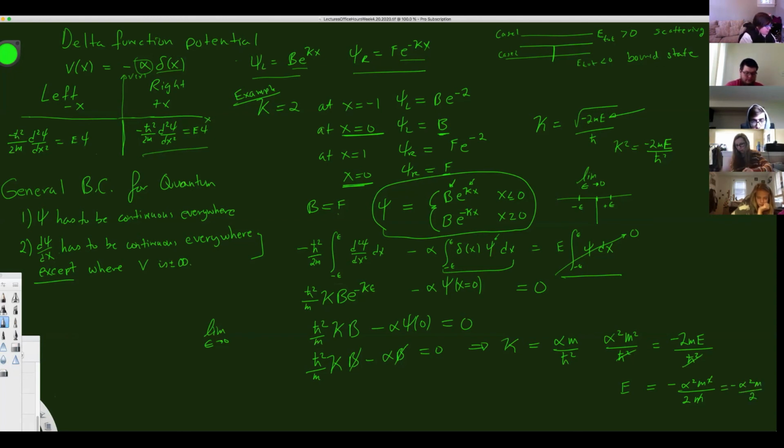Okay, let's see if I got that right. That would be nice. Why do I still have an h bar squared? I think I'm missing an h bar squared somewhere, guys. Did you not square the h bar squared when you squared kappa?